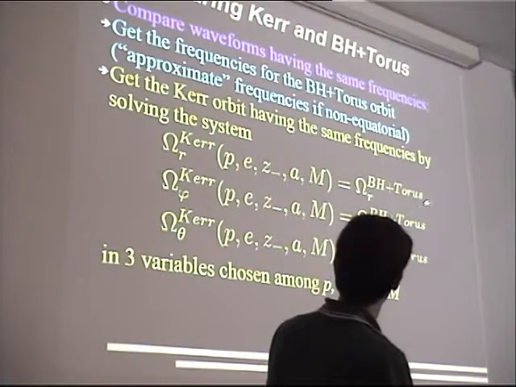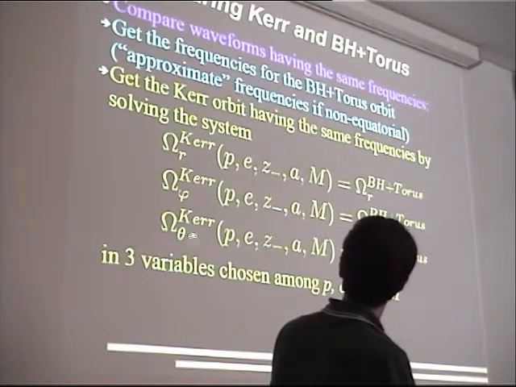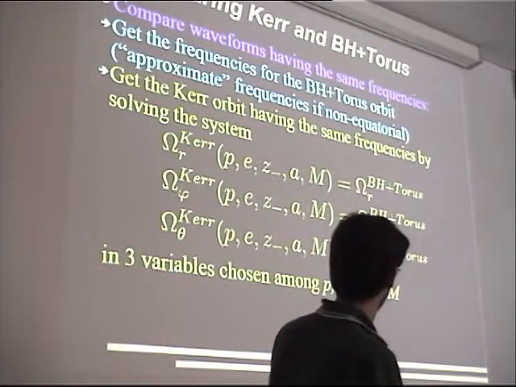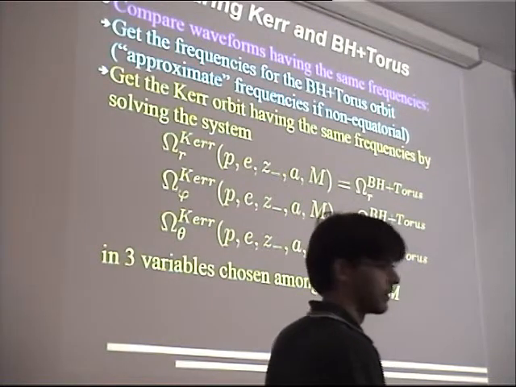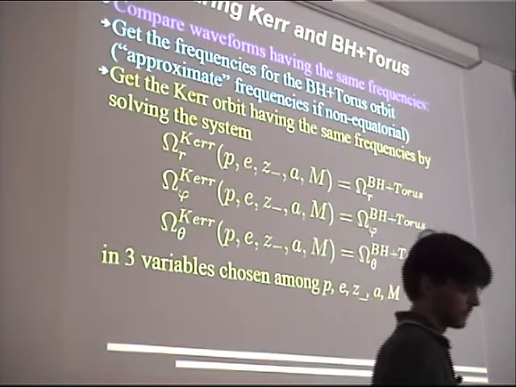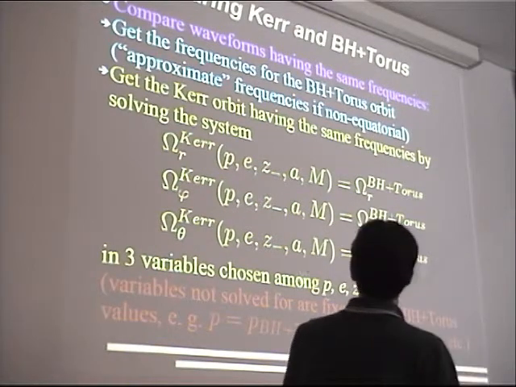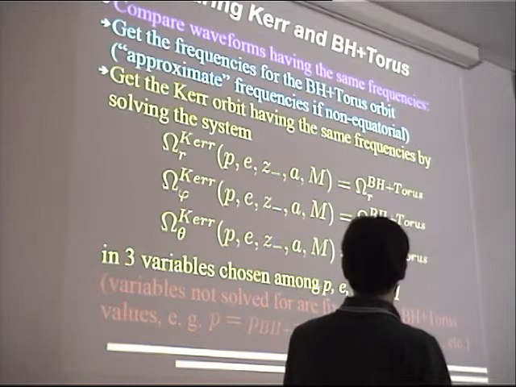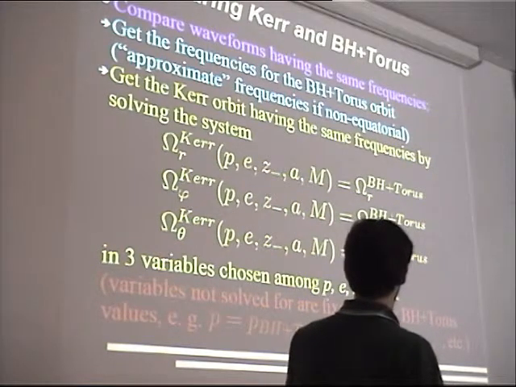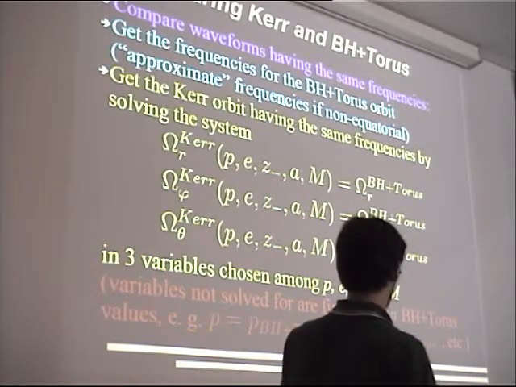So once you measure these 3 frequencies from your numerically integrated geodesics, you can solve this system in 3 variables chosen among the orbital parameters and the Kerr parameters. And of course, you leave the variables you are not solving for at their black hole plus torus values.